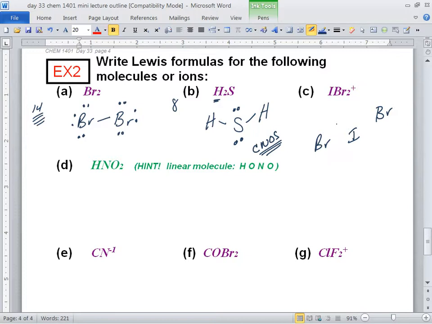Plus means take away, right? We're always lazy with this. Plus is really plus 1, so you only take 1 away. Your total would be 3 times 7 minus 1. 20 valence electrons is what you have to work with. Okay.